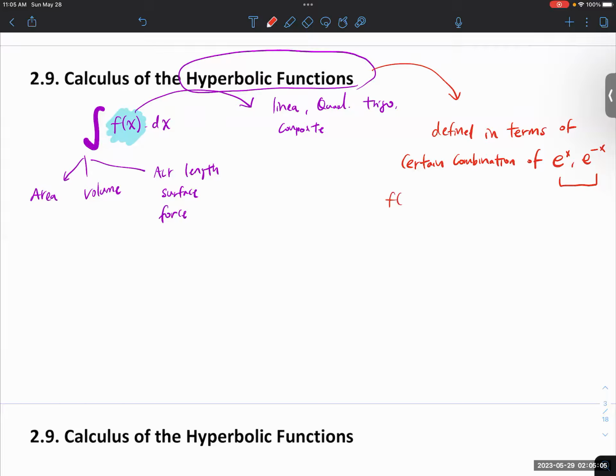Let's say f of x equals e to the x, and g of x equals e to the negative x. You might be able to combine them by adding or subtracting.